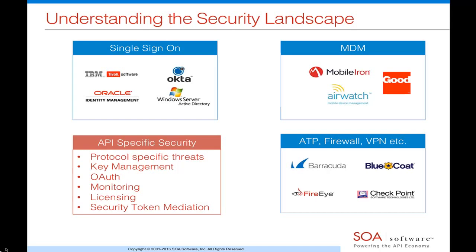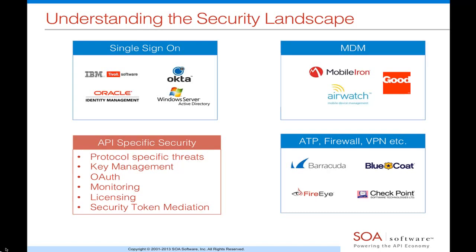The second one is a relatively new area that's primarily around mobile security or mobile app security, mostly focused on enterprise mobile apps, which is MDM, mobile device management, or mobile application management. And there are vendors like MobileIron and Good and AirWatch over there, which is primarily around how to provision enterprise apps, and if a device gets lost, how do you remotely wipe data from that device.